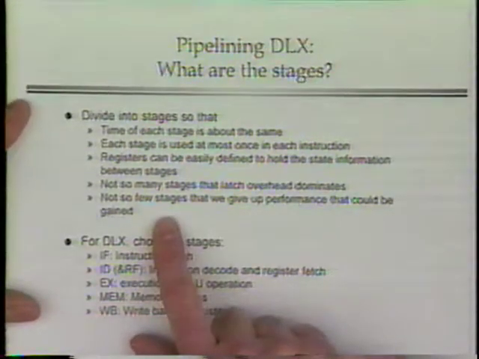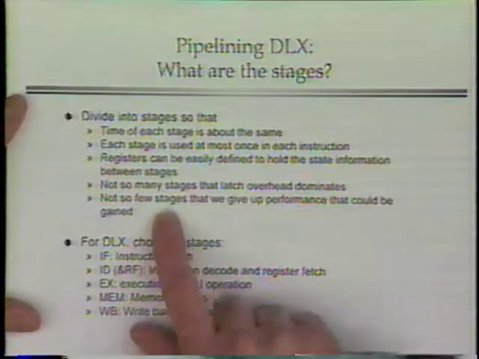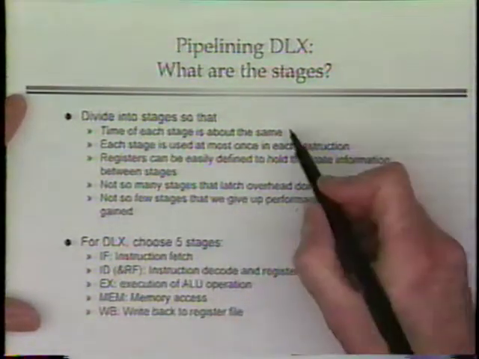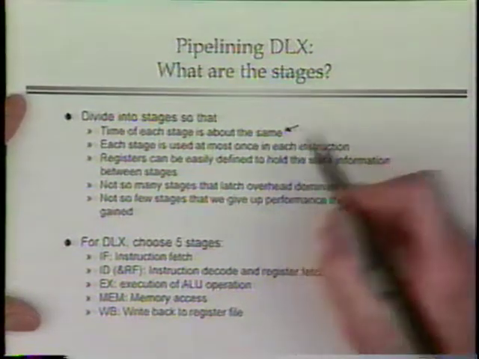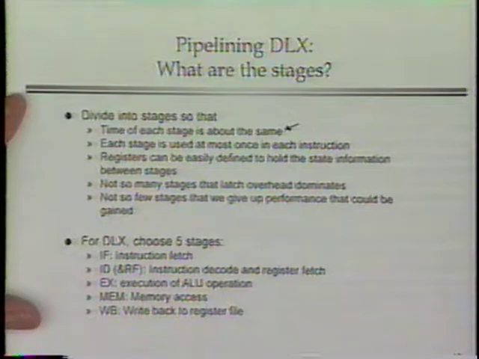Well, given the fact that we now know how to do pipeline implementations in clocks, how do we divide a given implementation into stages? Well, here are the rules. One is that we want the time of each stage to be roughly the same, so that we avoid wasted spaces we saw before.